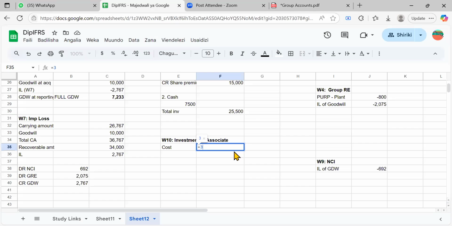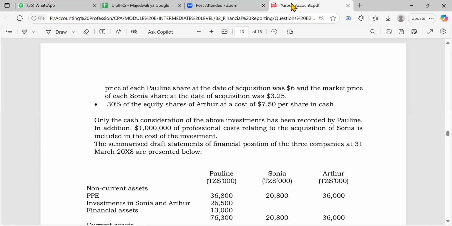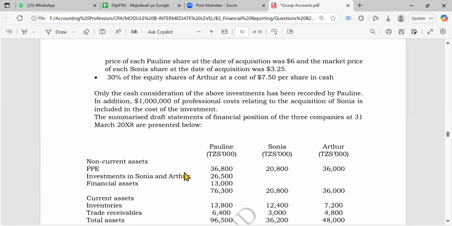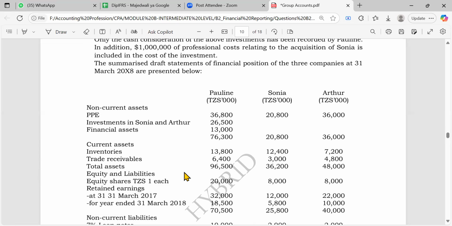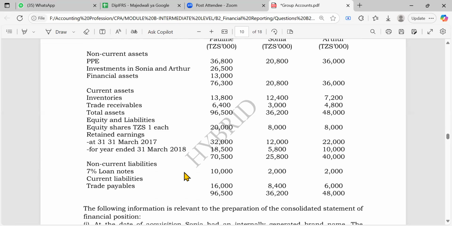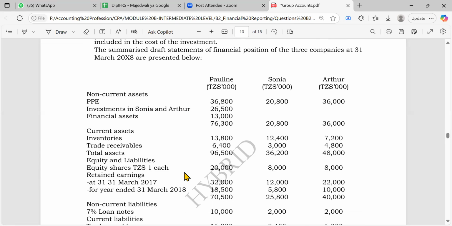So 30% times the shares in Other. How can you get the shares in Other? If there is no information, you have to go to the equity as usual. You go to the share capital, written as equity shares here.